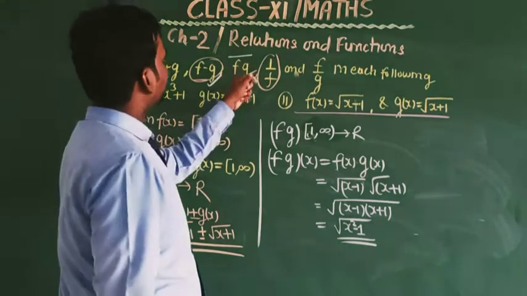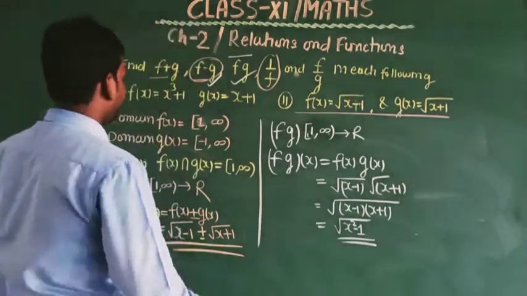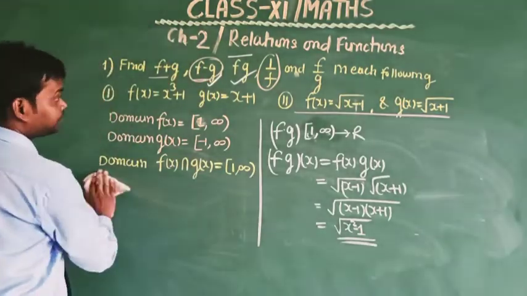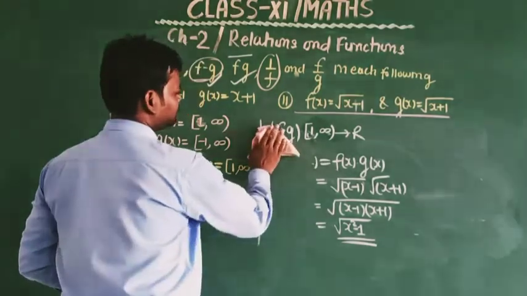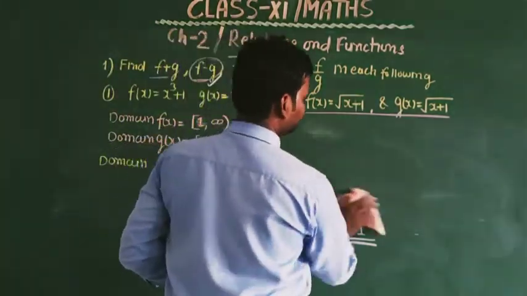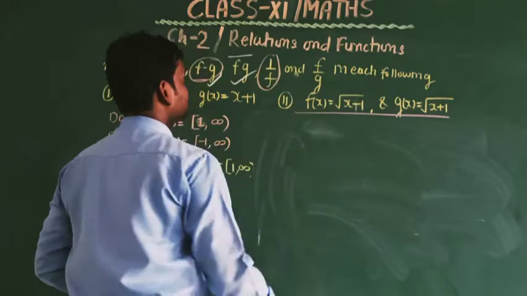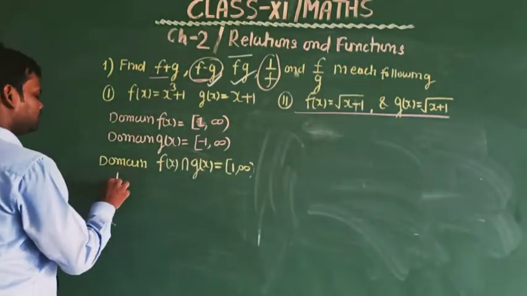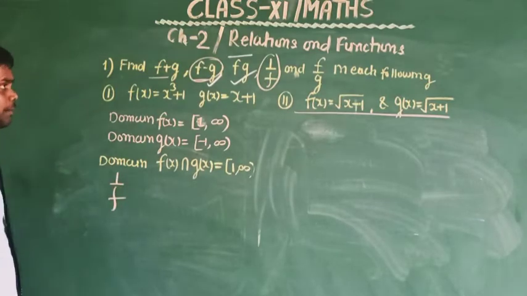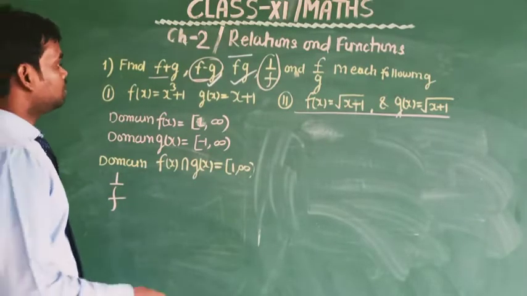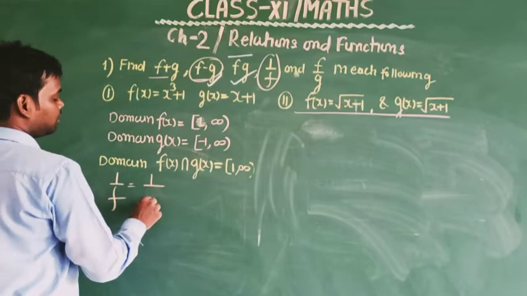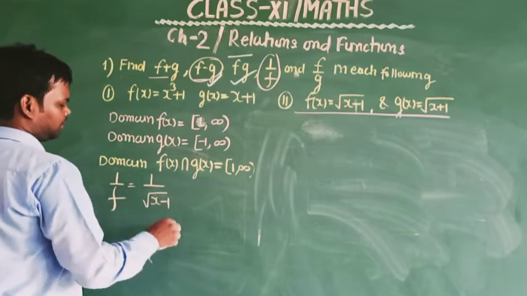Next is 1 upon f and f by g. In 1 upon f, it is 1 upon square root x minus 1.